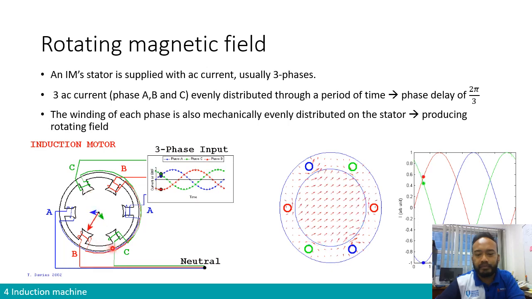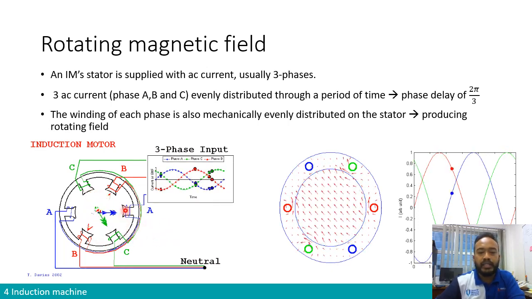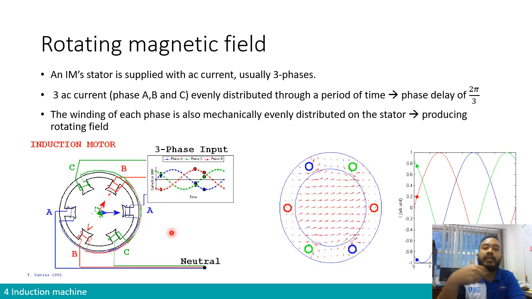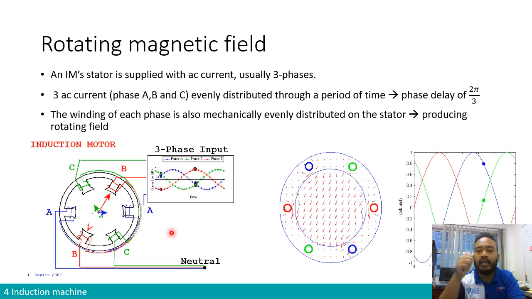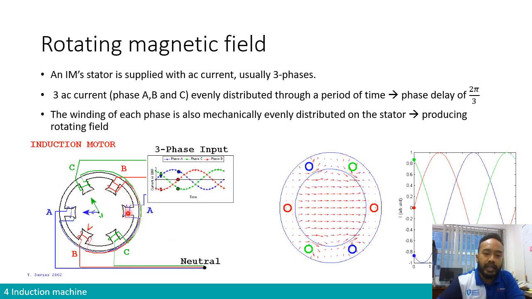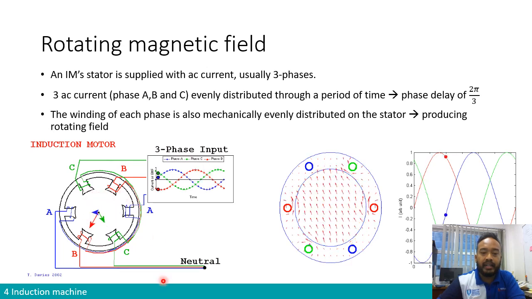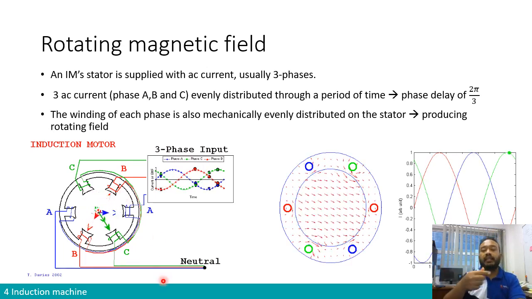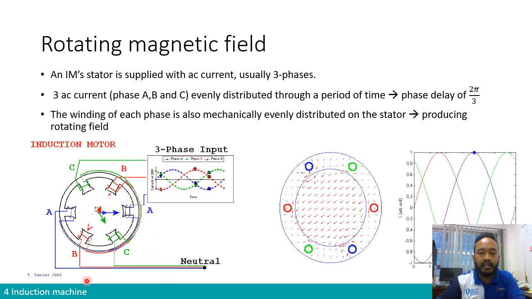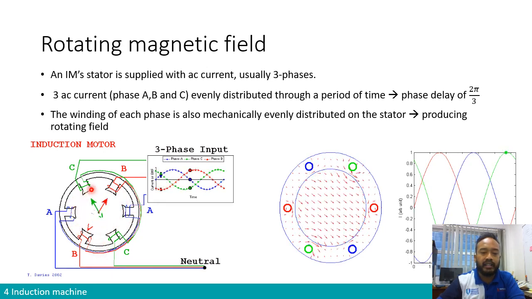C as well. And when we sum the vectors, IA plus IB plus IC, we can literally see over here that it creates a vector that is rotating around the machine, right? We can see it rotates in this direction.